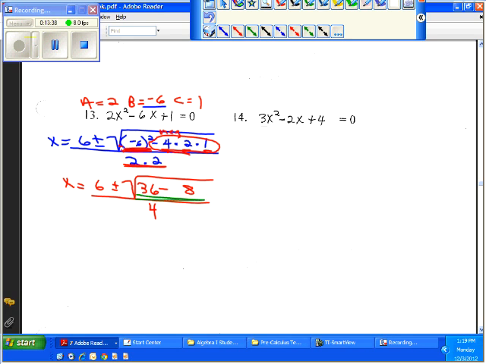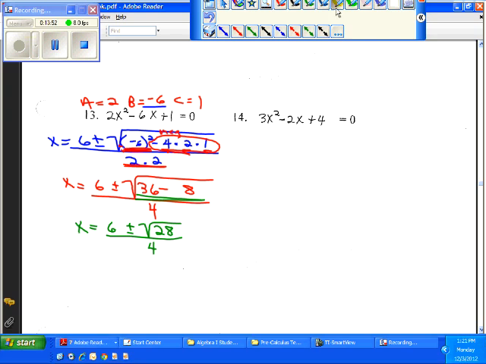So now we're going to do the subtraction. X is equal to 6 plus or minus square root of 36 minus 8 is 28 all over 4. Now, when we look at this radicand in the square root, or the discriminant, as we call it in the quadratic formula, we see that that is not a perfect square number.